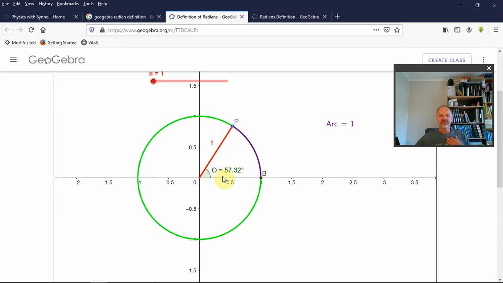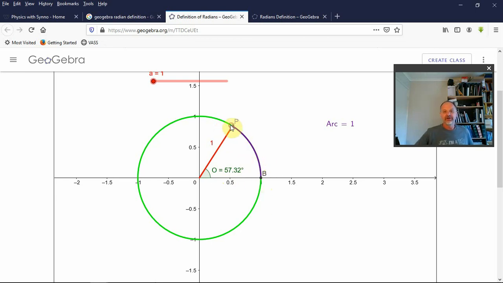Now in degrees, this is 57.32 degrees, but we could also use the distance around the arc as our measure of the angle as well. And so the distance around the arc of a circle of 1 unit, when we've got 57.32 degrees there, is 1. So this angle here is 57.32 degrees, but we could also say that it's 1 radian.